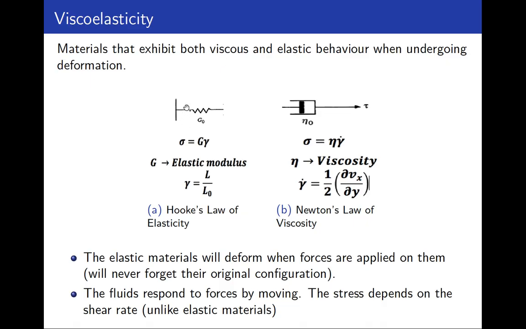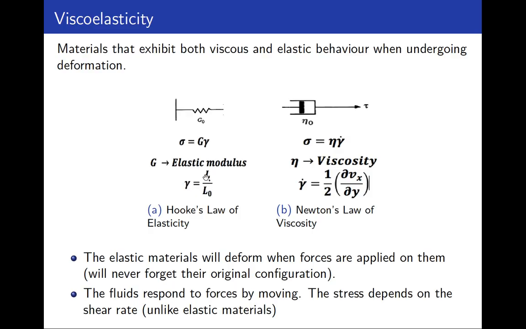So you have a spring here represented by this figure. This spring has an initial configuration called L0. So you will apply a force and a stress to the spring, and then you will stretch it, and then the new configuration is going to be L. The deformation of the spring is measured with this quantity, which is the strain.